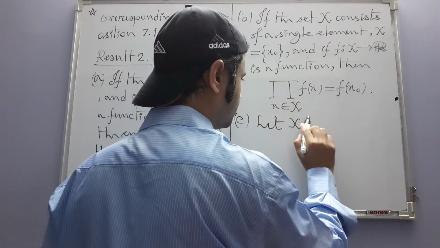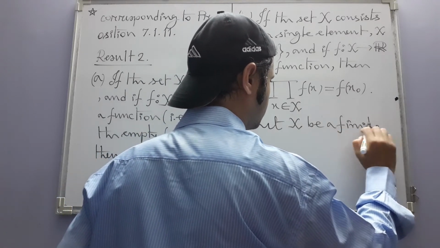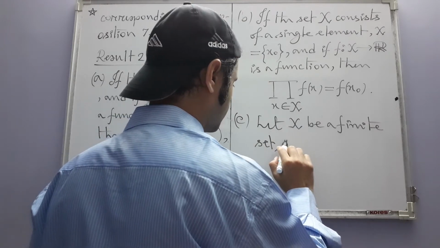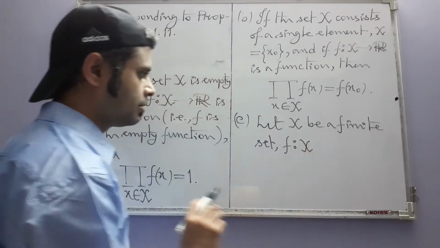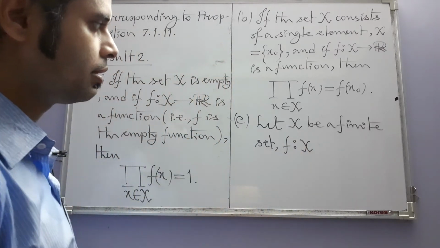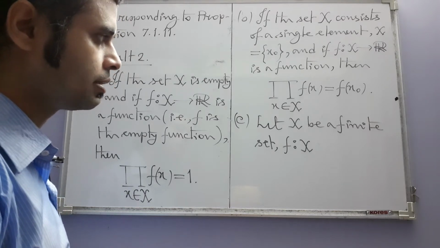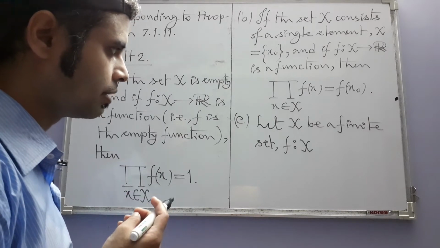Let X be a finite set, f from X to R be a function, and g from Y to X be a bijection, a one-to-one onto function, where Y of course is also a set and Y has the same cardinality as X. Now we are not saying anything about the cardinality of X, only that it is a finite set. So the cardinality of X is a natural number.